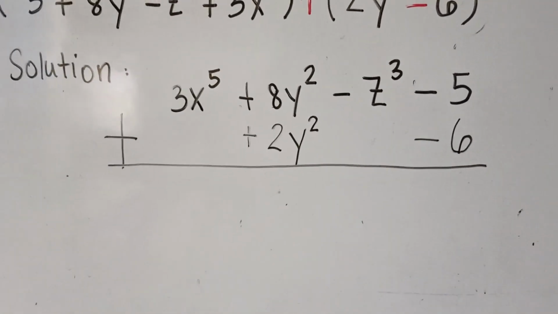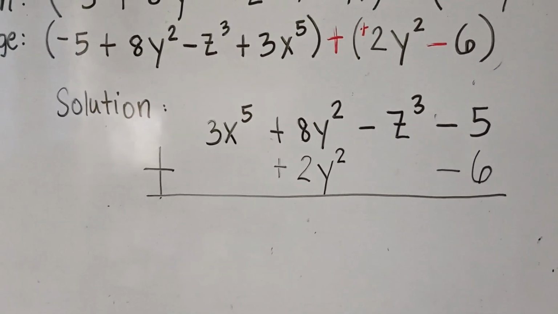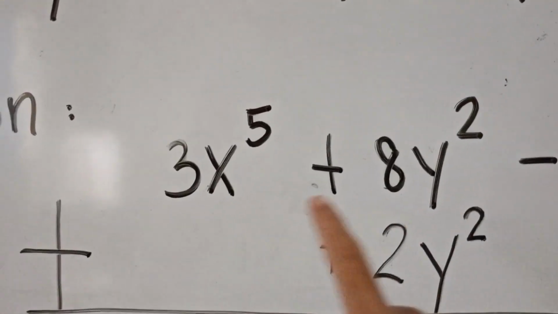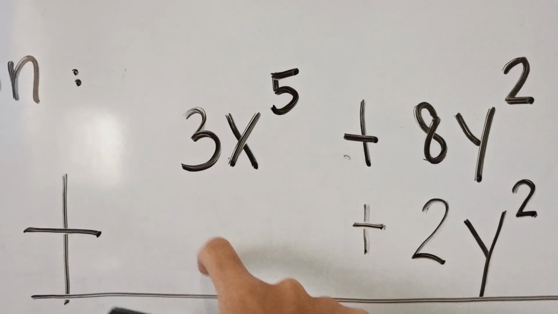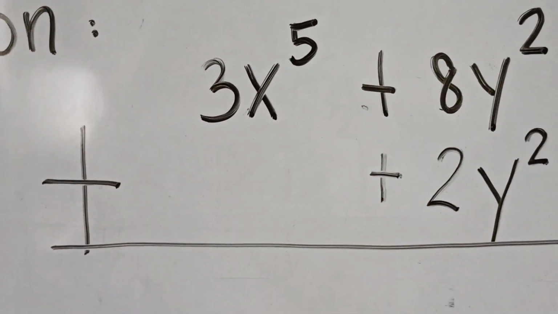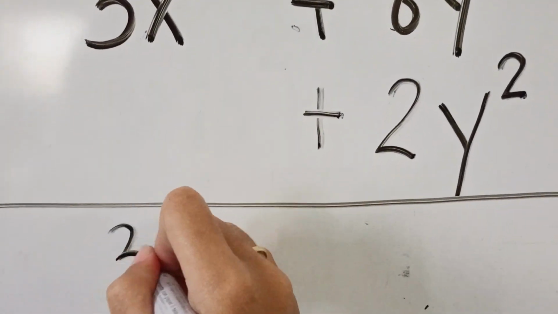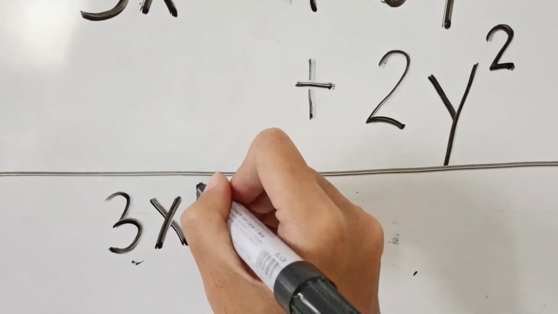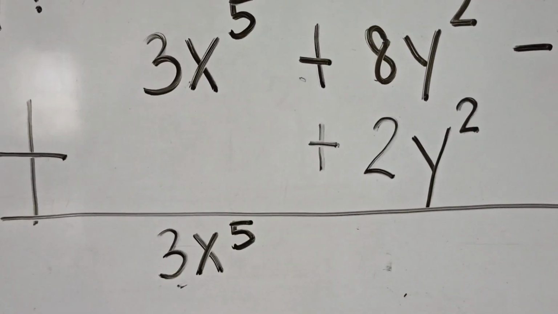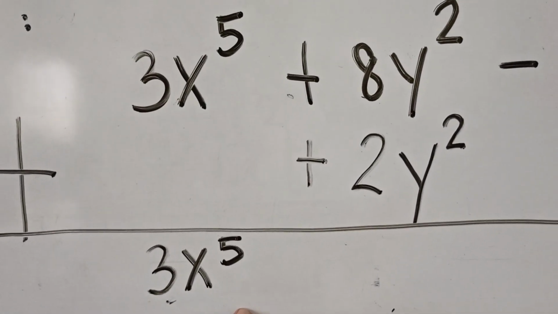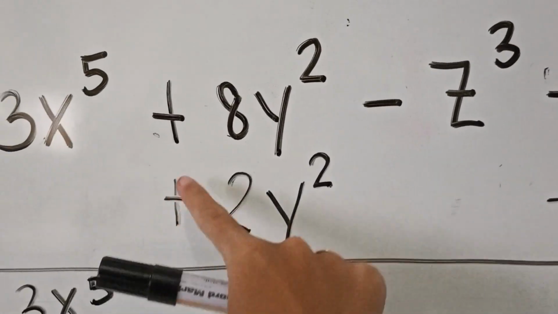Now, let's solve this one. Now, let's have positive 3x to the power of 5, and it has no same terms, so we're just going to copy it here at the answer part. So again, 3x to the power of 5 will be brought down at this part.